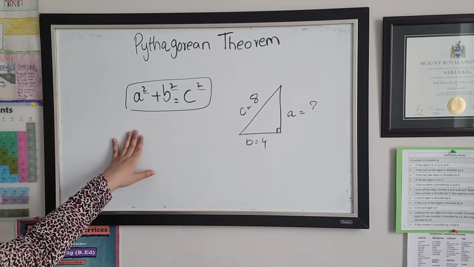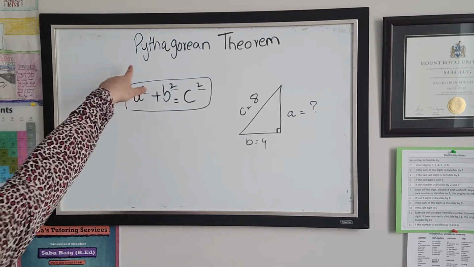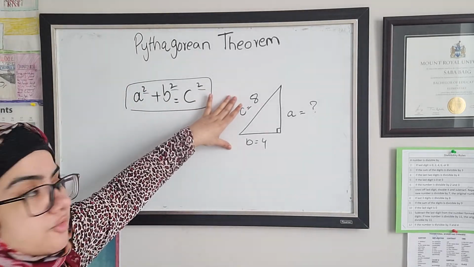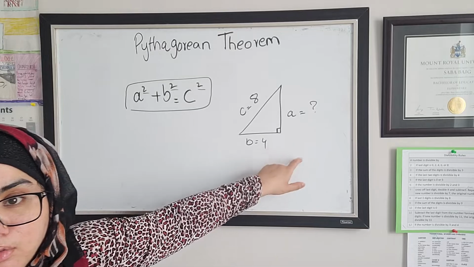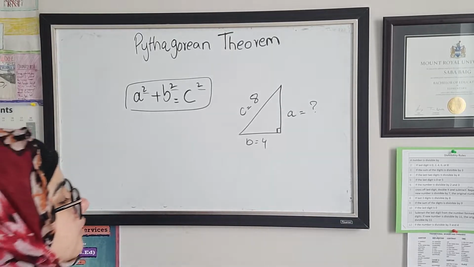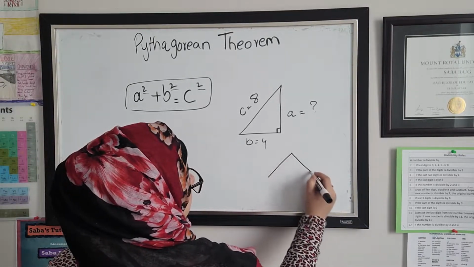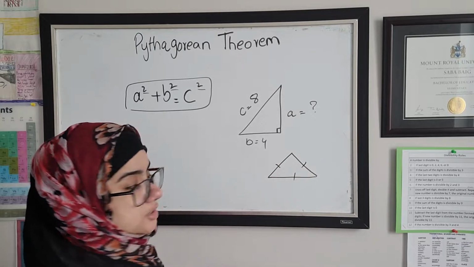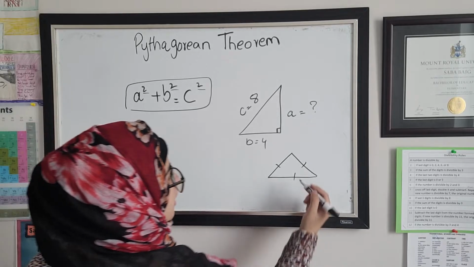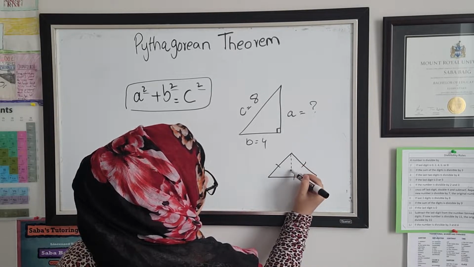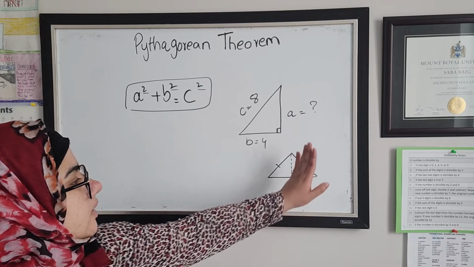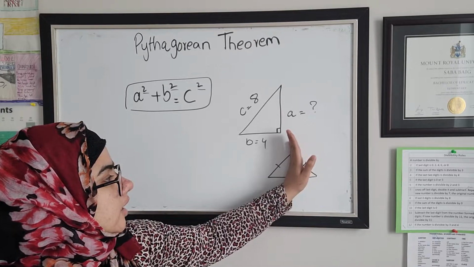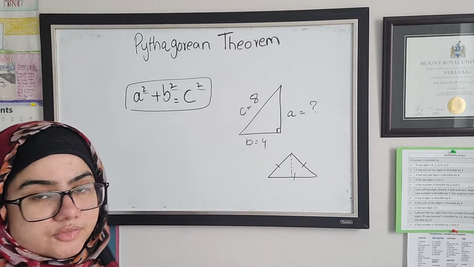Again, the Pythagorean theorem can only be used to find the missing side of a right triangle. If you don't have a right triangle, for example an equilateral triangle or scalene triangle or any other triangle, then you have to halve it. You have to make it into a right triangle by using half of the base, and then look for your missing side.